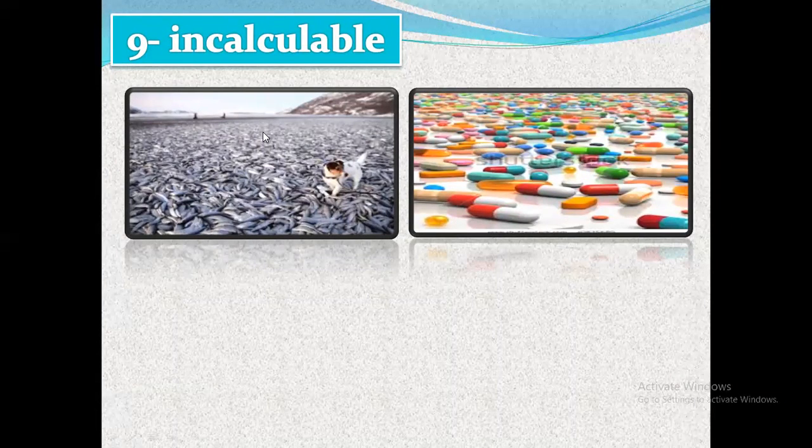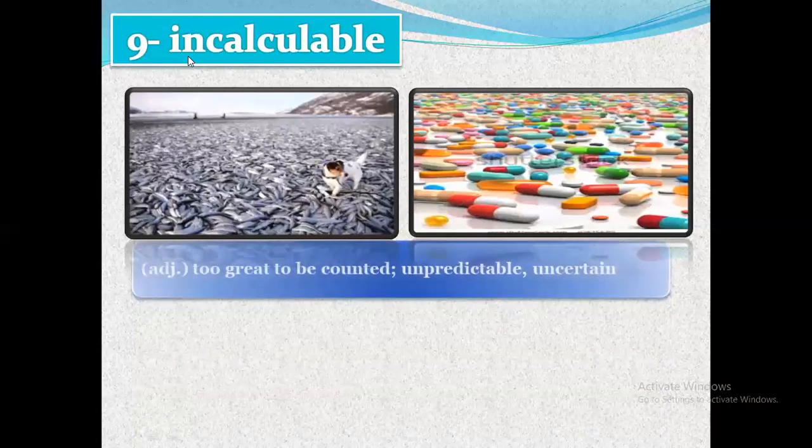We have the word calculate as a verb, to count. When we say calculable, the suffix able, when it comes at the end of a word, means it can be counted or calculated. So calculable means can be calculated. In, we said the prefix in means not, so it is not countable.